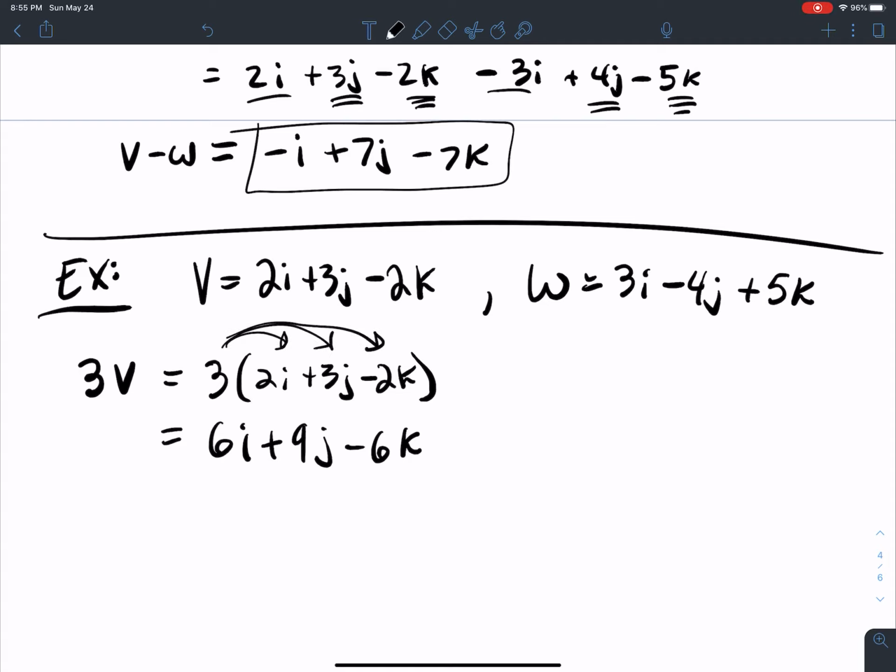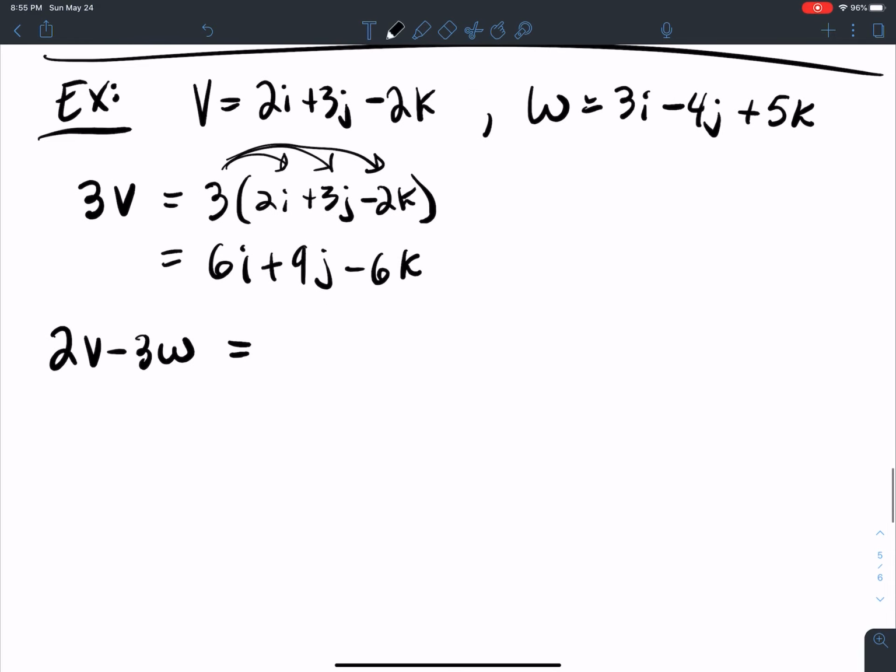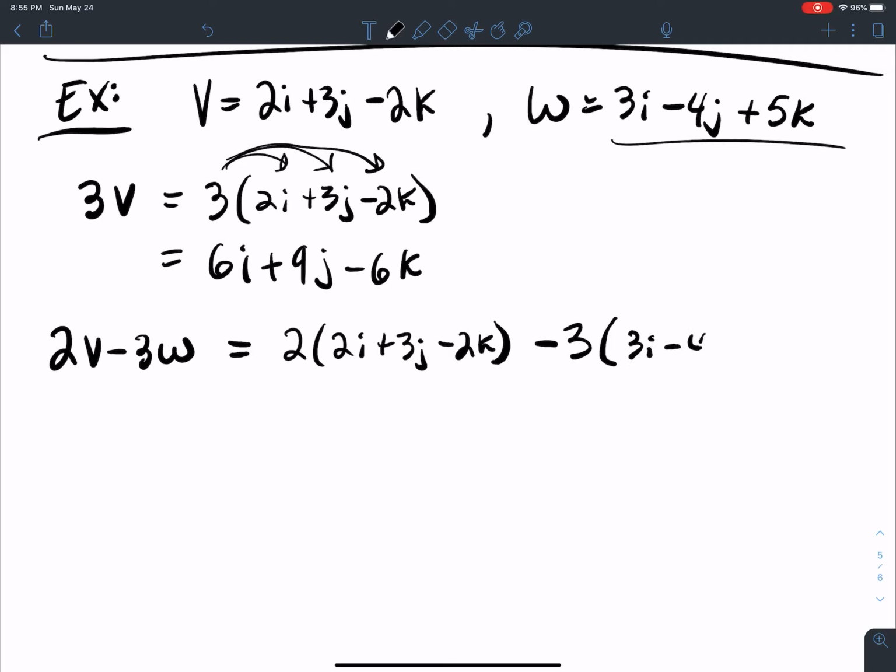Now to get 2v minus 3w, okay, what I'm going to do is I'm going to take 2 times 2i plus 3j minus 2k, and I'm going to do minus 3 times w, which is 3i minus 4j plus 5k.